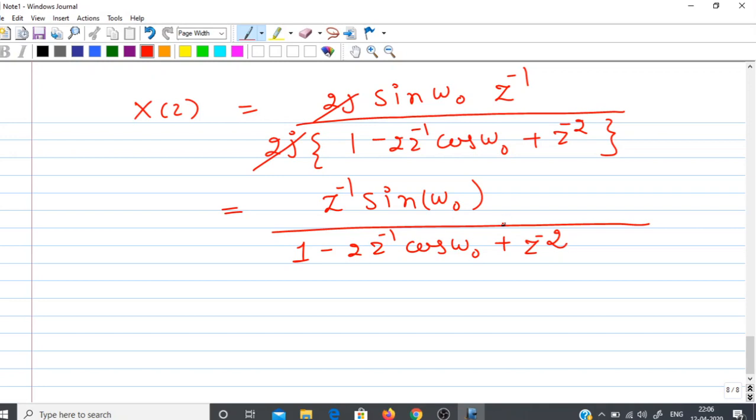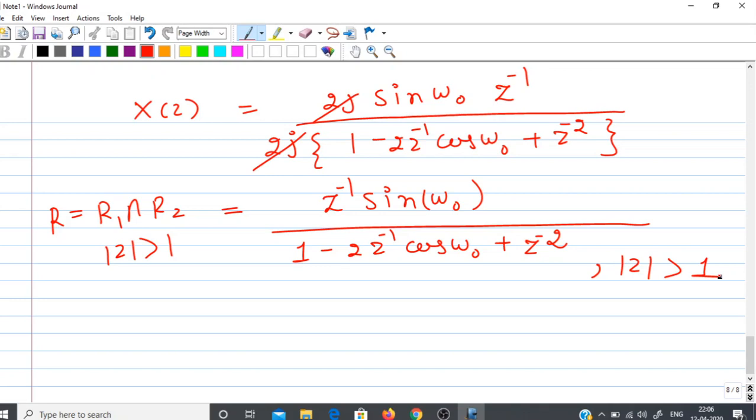And again we see that numerator and denominator are relatively co-prime, and therefore the ROC would be R1 intersection R2, which has been obtained. It is mod z greater than 1.